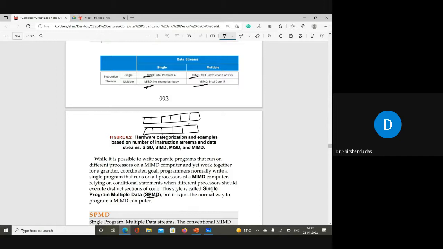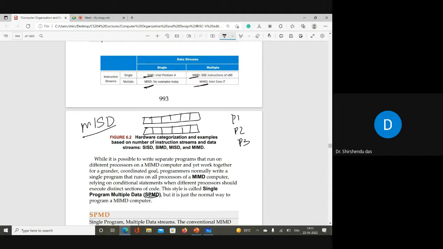Suppose we have two vectors like this, and there are three programs here: P1, P2, P3. The first program is performing addition of these two, the second program is performing multiplication of these two, and the third program is performing division of these two. So it means that the data is the same, right? But these programs are doing separate work on this data. So this is an example of multiple instruction, meaning multiple programs, and single data.